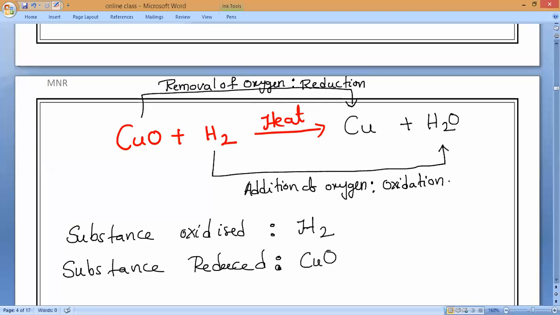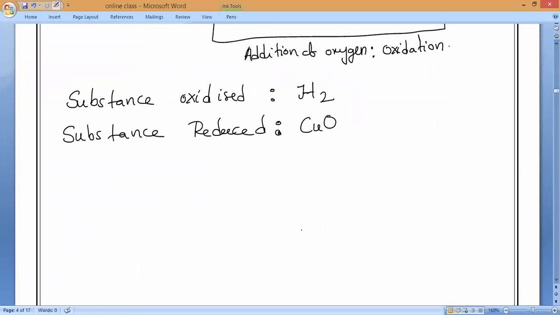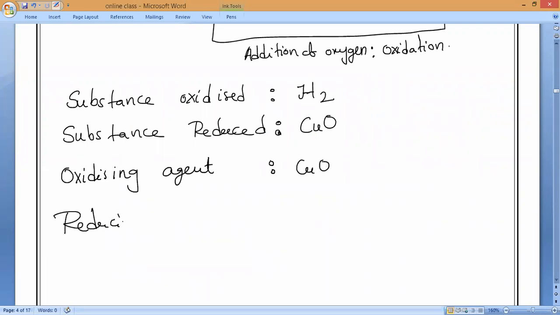Girls, also try to answer. If you answer, only then can you understand. Very, very important reactions. Next, oxidizing agent: copper oxide. Reducing agent: hydrogen. Reducing agent is hydrogen. Clear, everybody? Any doubt?